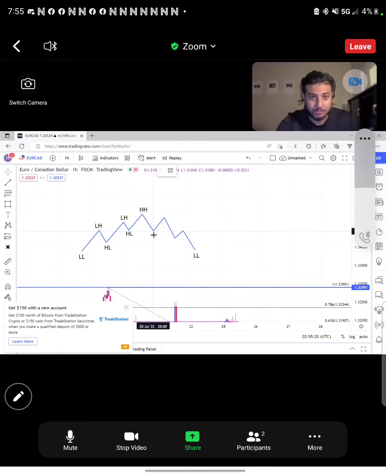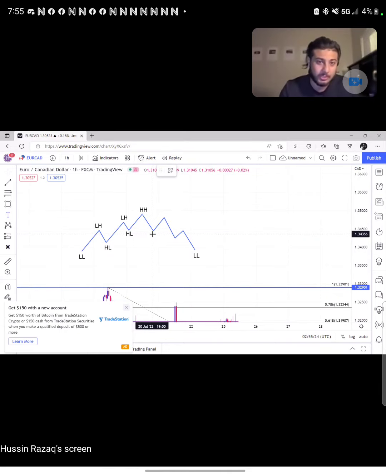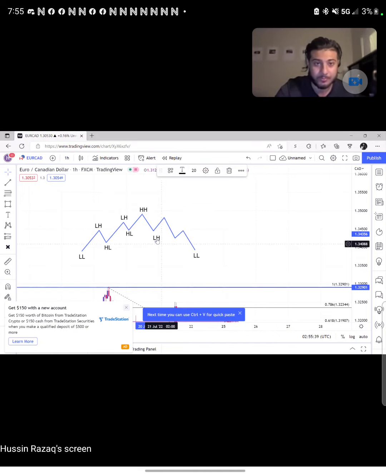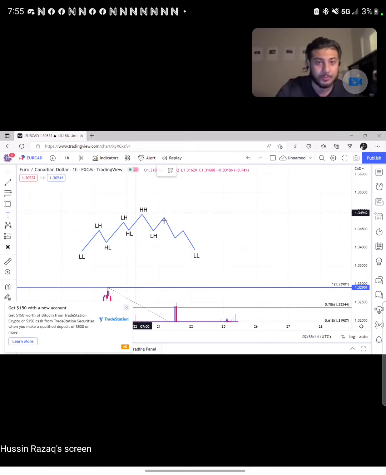All right, so for example, what would this one be? Now that the market's on a downtrend, would this be a lower high or a higher low? Yes, sir. Lower high.